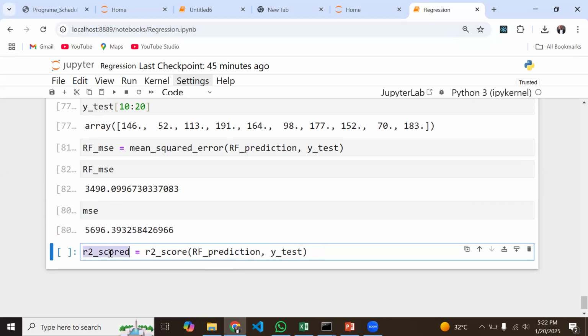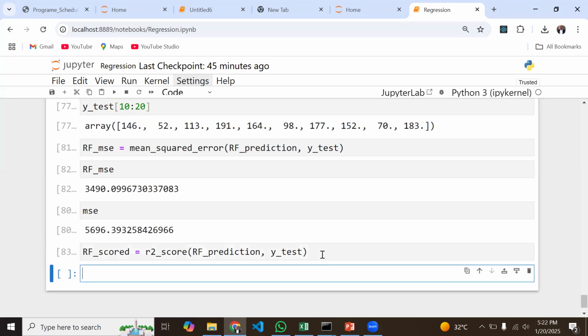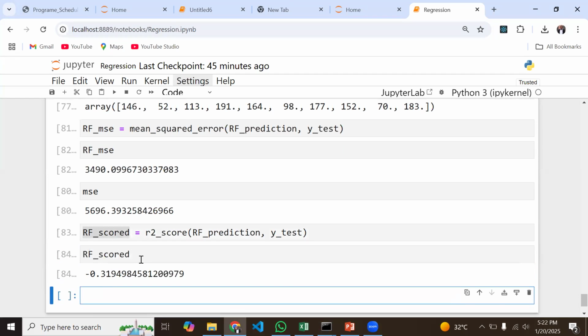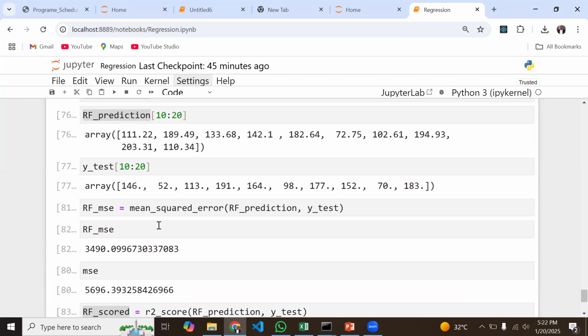So let's look at the R squared error for the random forest. Let's call this RF squared, one way or the other, and then we pass this over here. When we check the actual value, we see this over here. So this is also giving us something negative.